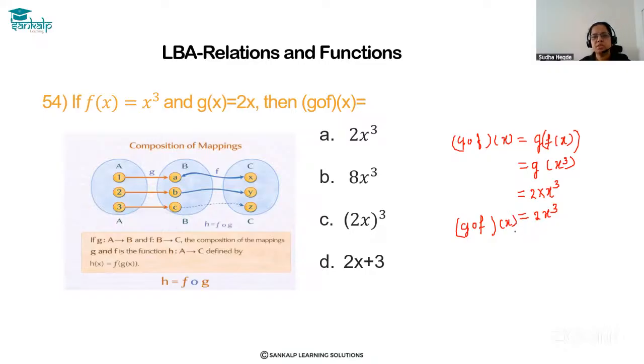Check the options. Option A 2x cube, option B 8x cube, option C 2x whole cube, option D is 2x plus 3. We got option A 2x cube. Got it right? Thank you.